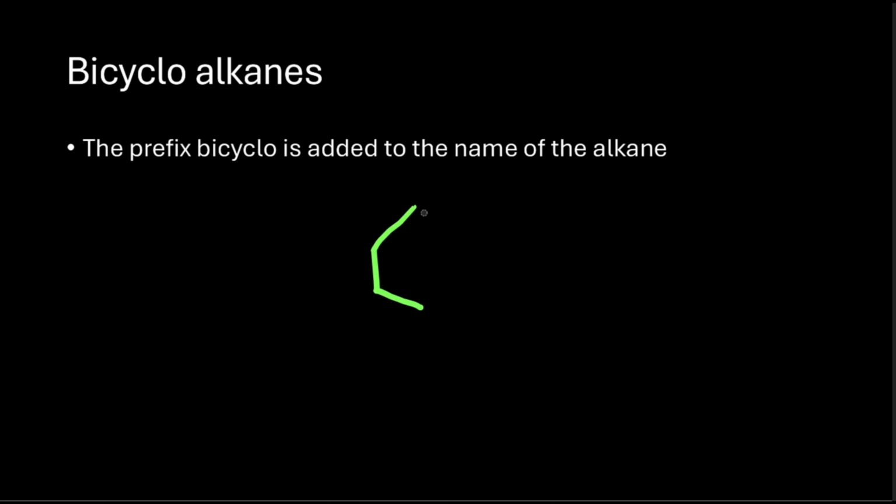The bicycloalkane like this. So the rule says we should start the numbering from the bridge. And then let's have a look at this. We have 1 here, 2 here, 3 here, 4 here, 5, 6, 7, 8, 9, 10.